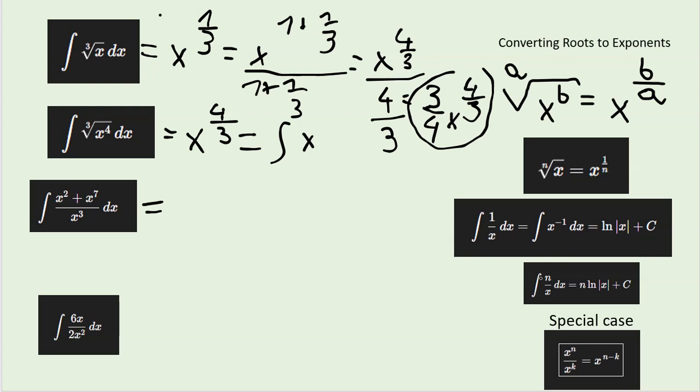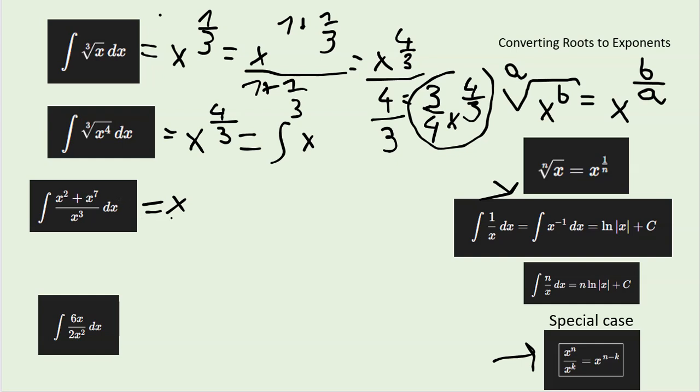Okay, here we have something interesting. From this example, we're going to apply the rule which we see here, and also we will use this knowledge about dividing exponents with the same base. So you can write it as this: x squared plus x to the 7th.